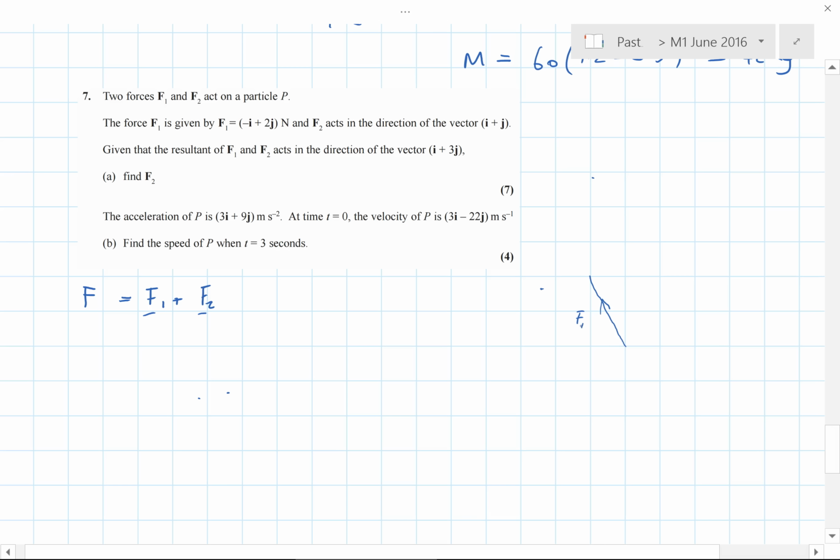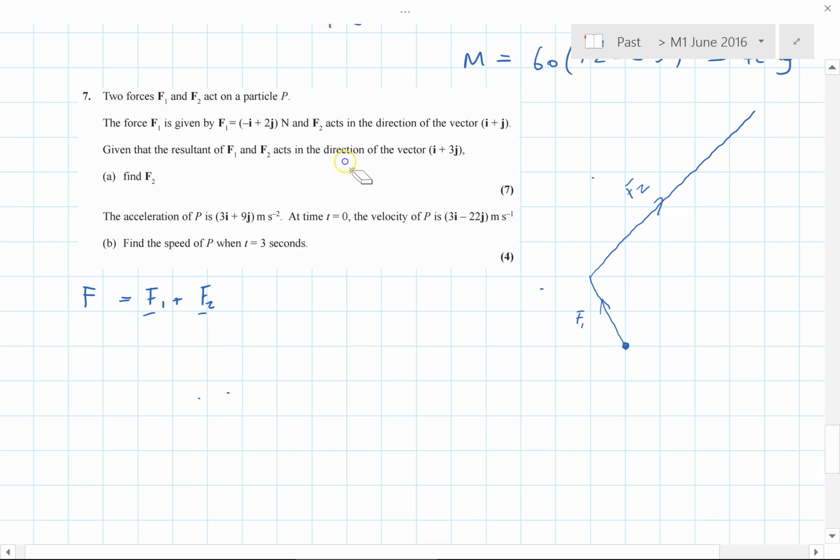Now, it doesn't tell us F2, but it tells us a direction for F2. So let's just put F2, because we're going to do a vector triangle here. F2, we're told, goes in the direction i plus j, so it's parallel to i plus j. So it's going in this direction here. That's my F2. I might end up shortening or lengthening this line in a moment, as you'll see.